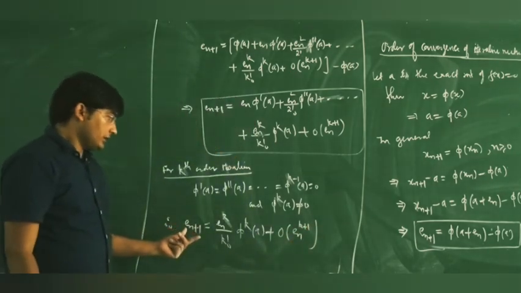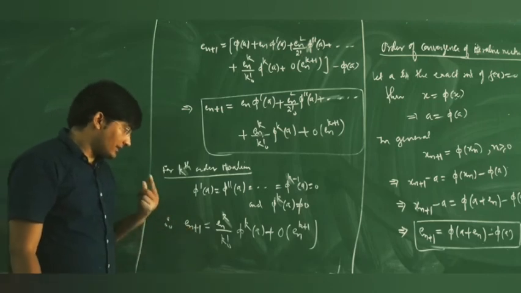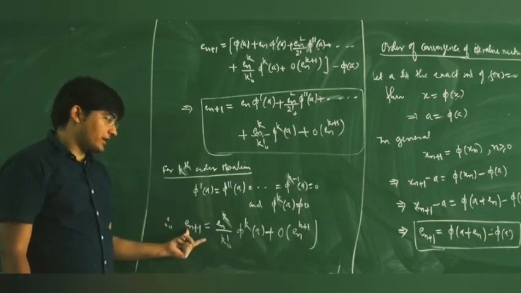Now let us divide this whole equation by e_n power k.